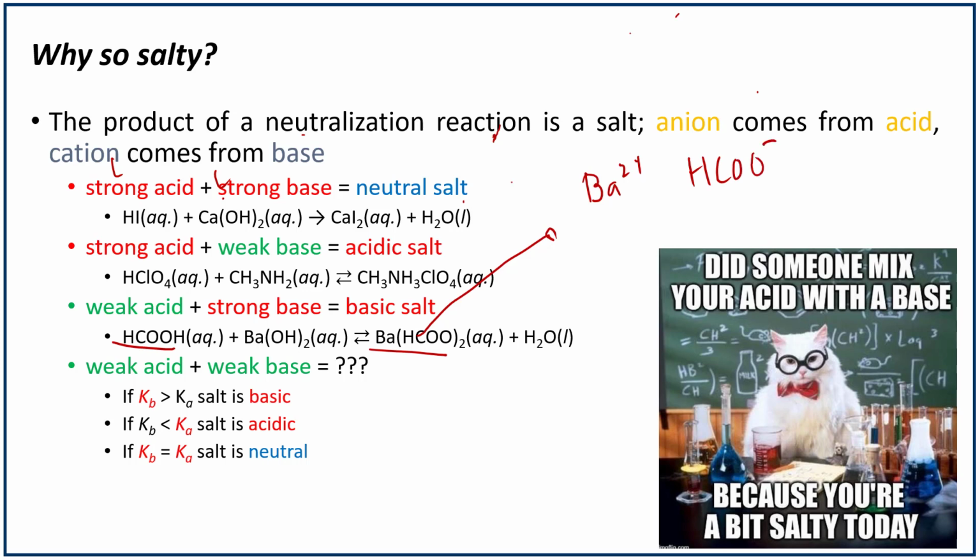One source of barium, since it comes from the base, should be barium hydroxide. Barium hydroxide is a group 2 hydroxide, so it is a strong base. And formate ions are the conjugate base of formic acid, which is a weak acid.